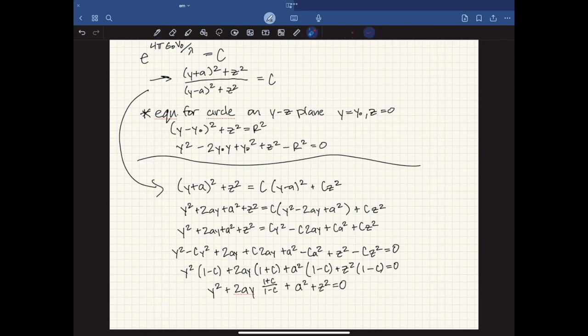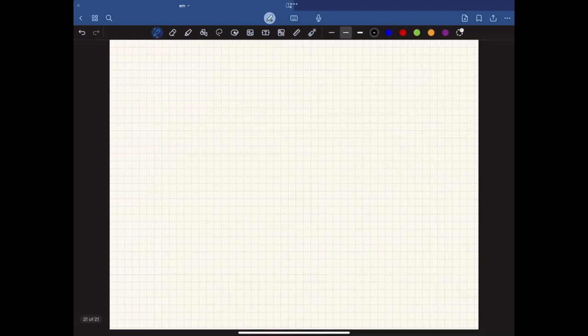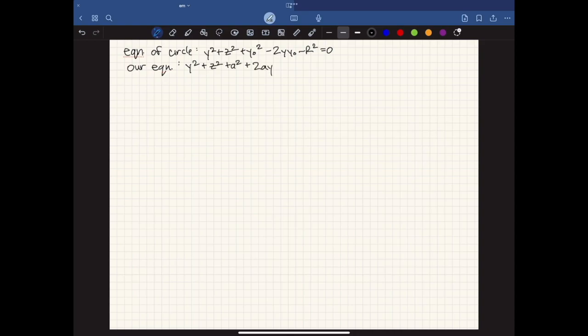So now we have something that is sort of similar to this function. We notice that this part looks the same in both equations.